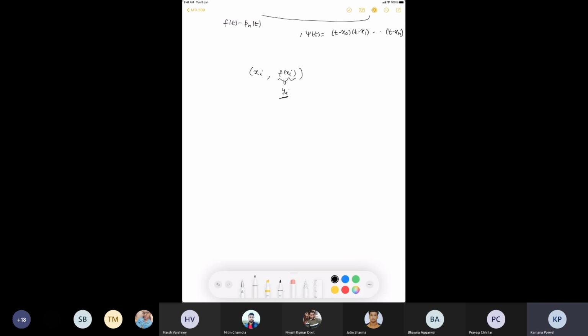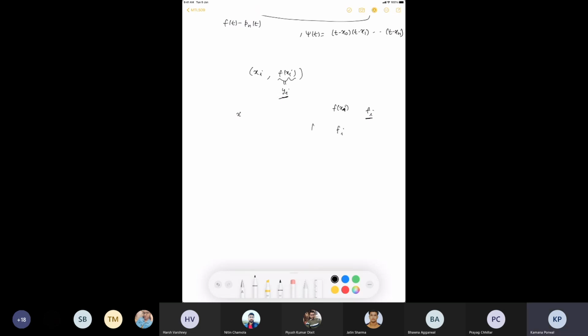Or if you're getting the values from some experiments, suppose the exact value is f of xi, but the value you get through the experiment is say fi. So how it differs from f of xi, it might have some round-off error.